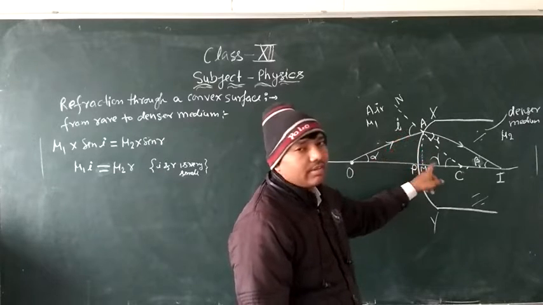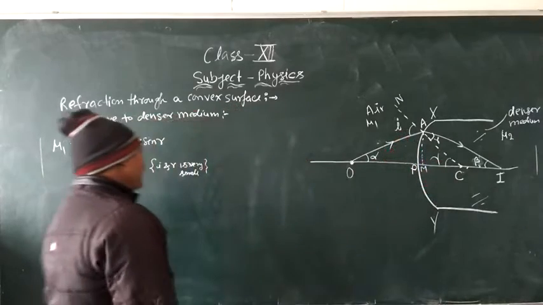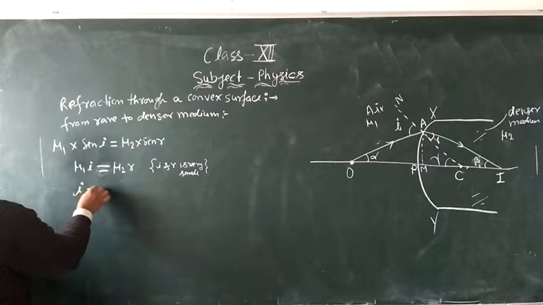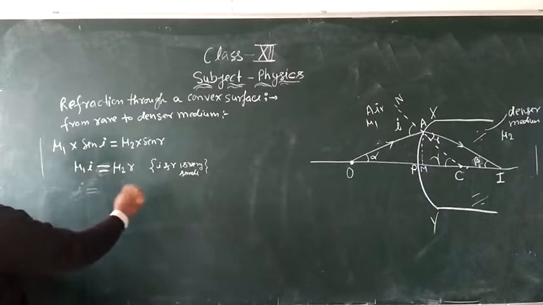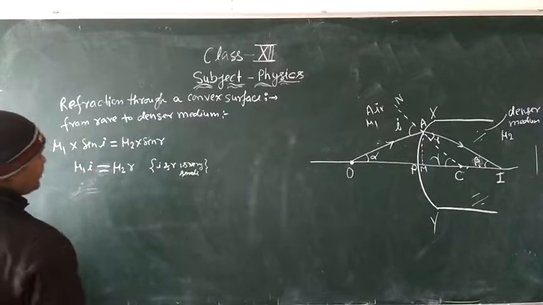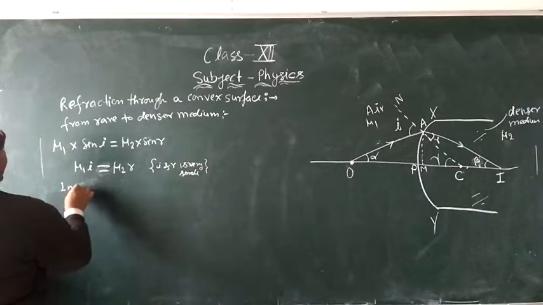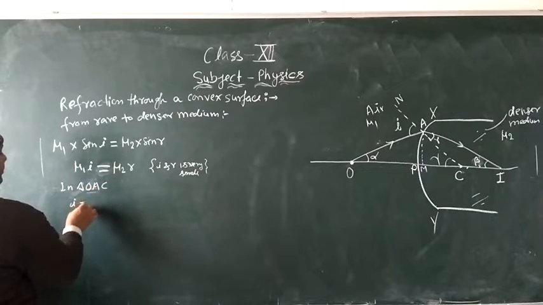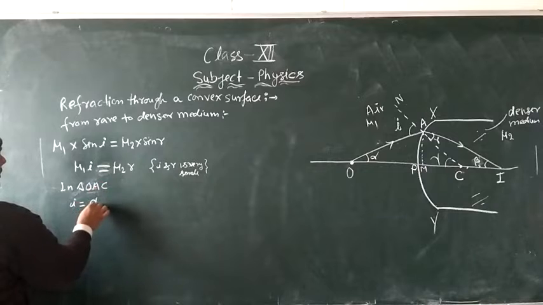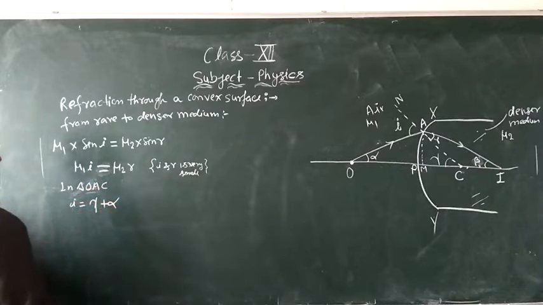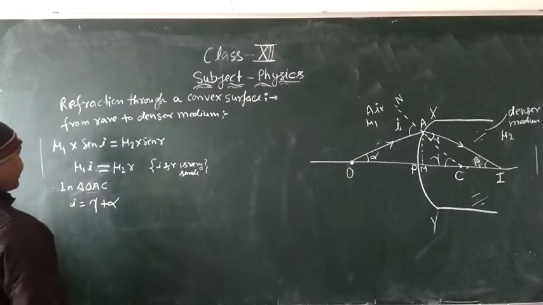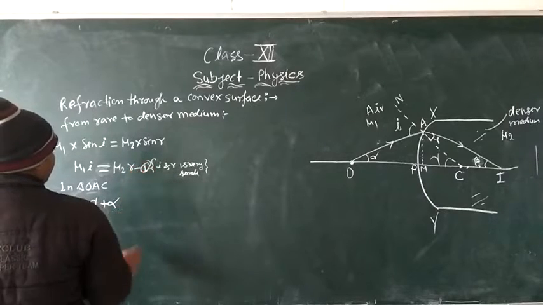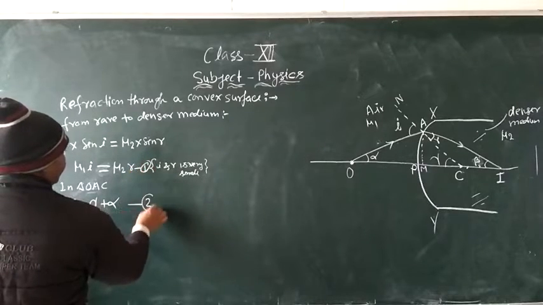Therefore, in triangle OAC, I is equal to alpha plus gamma. This is equation 1.